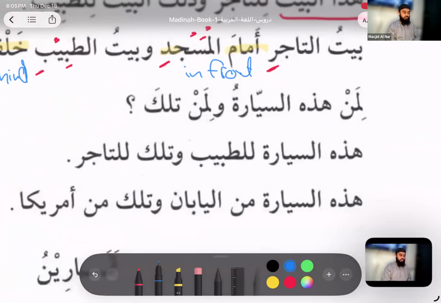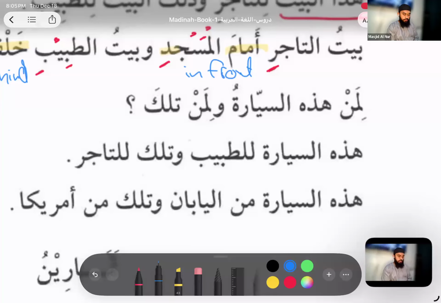Who wants to translate this and read this for me? Remember, Li always stands for "for." So someone read this and translate it for me. Quick. Let's go. Liman hadihil sayyaratu. Waliman tilka.